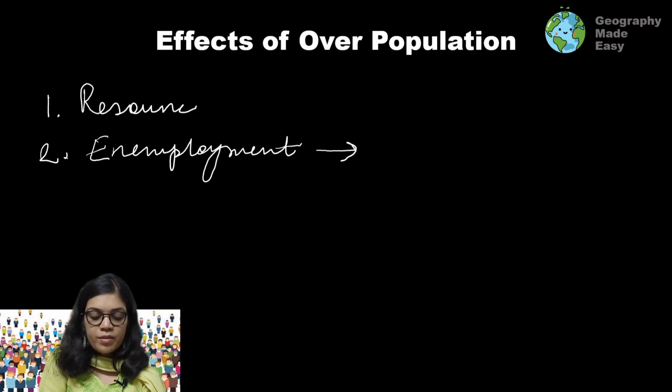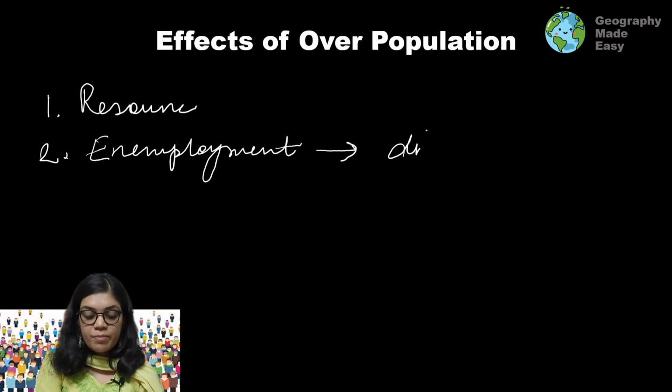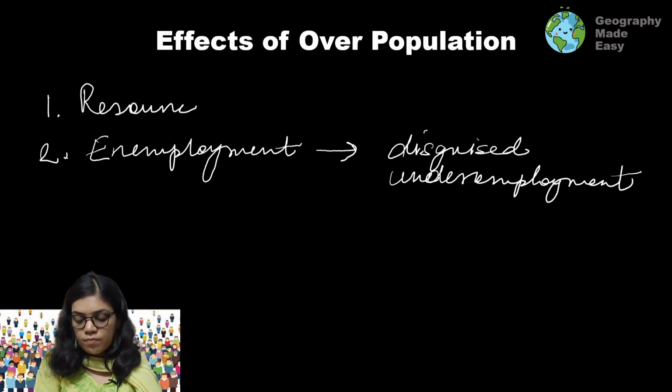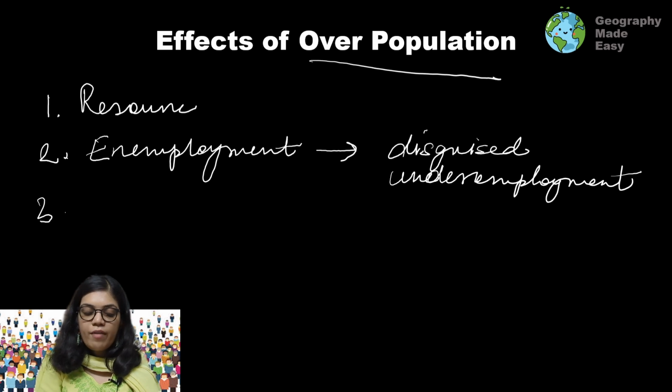And unemployment can take different forms, even disguised unemployment or underemployment. All of these are happening in places or countries which have high population or overpopulation.